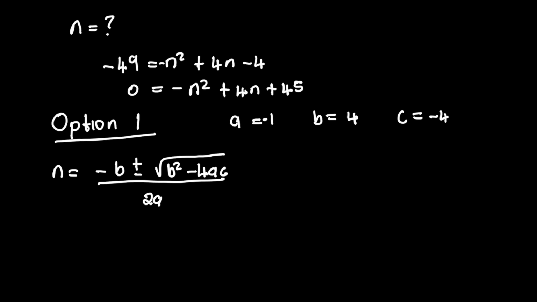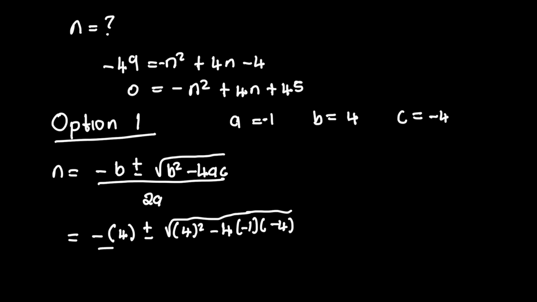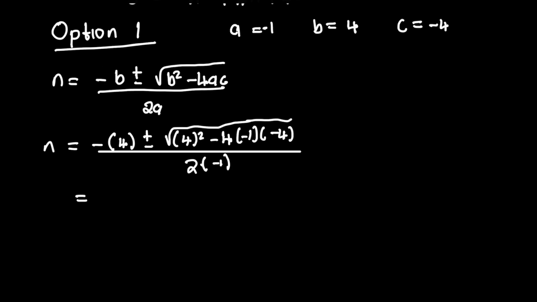It's going to be negative, plus, 4 squared minus 4a, which is negative 1, c, which is negative 4, all over 2a, which is negative 1. Now n is going to be n equals negative 5 or n equals 9.